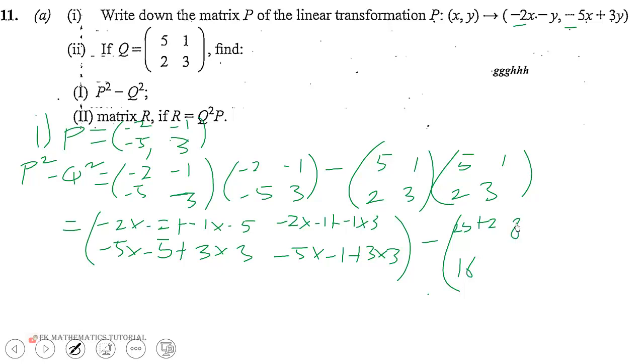Then we also have 2 times 1, which is 2, plus 3 times 3, which is 11. So you get 27 here, 8, 16, 11.